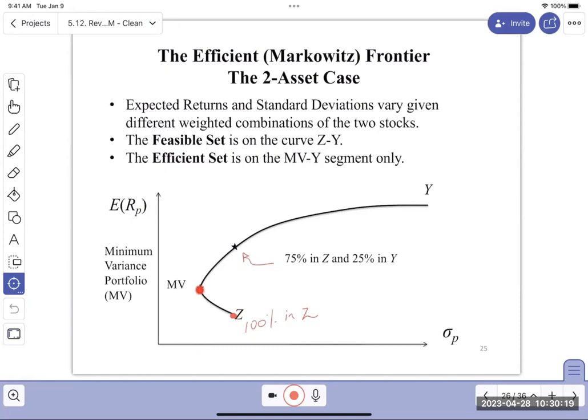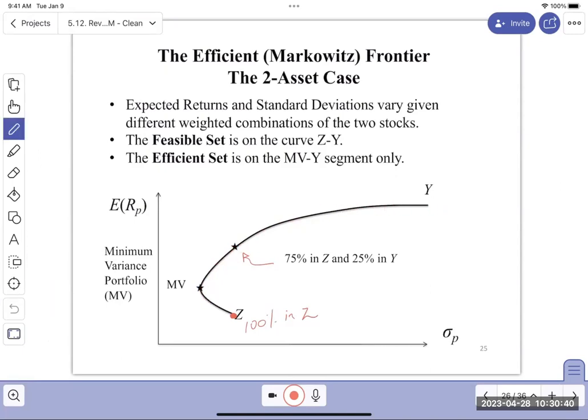So up to here, every rational investor will add Y up until here. Beyond here is your choice. So this is your choice set, or your efficient set.